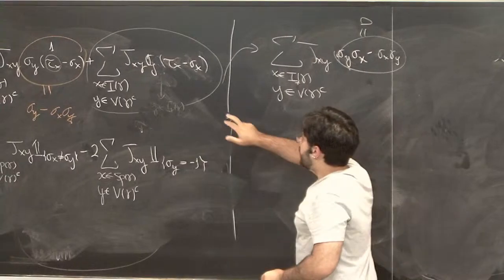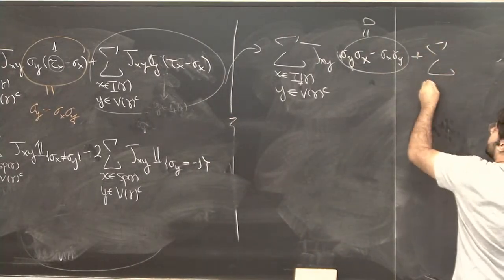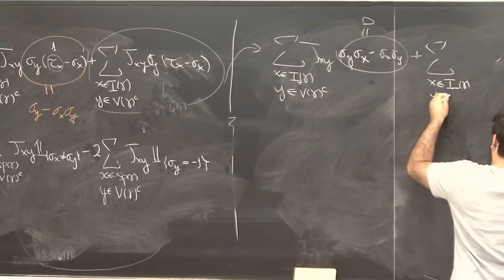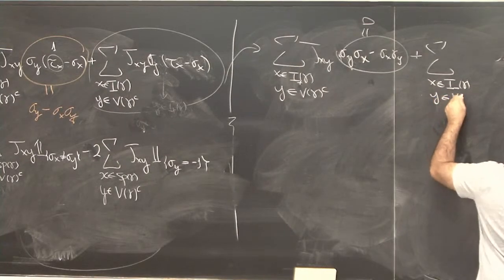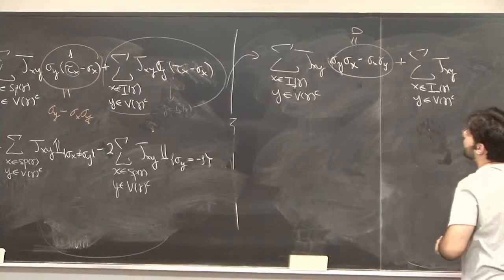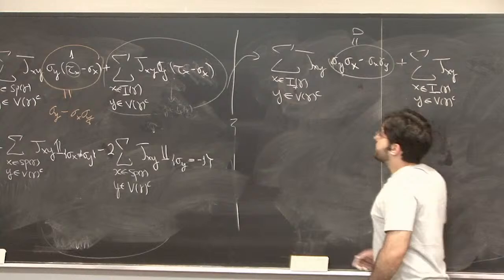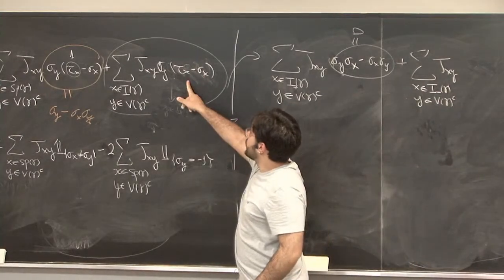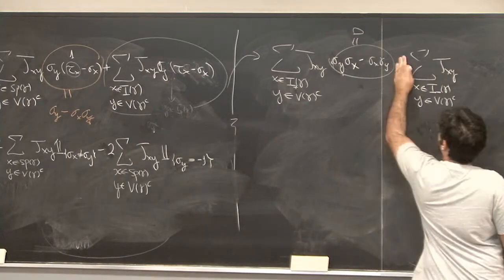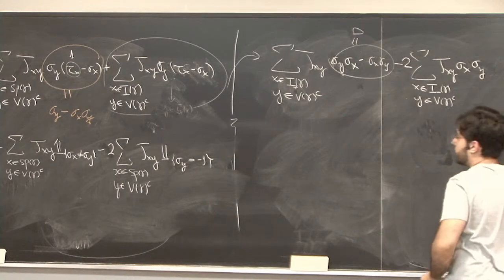So the only part that is important here is the part with the minus interior, y outside gamma, jxy. And now in this case the signs are equal, so here I will have minus sigma x, so then I will have minus 2 sigma x sigma y over here.